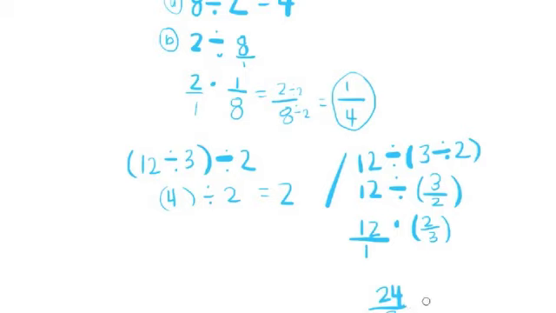Is this going to reduce? 24 divided by 3 reduces to 8, right? So 2 and 8 are totally different numbers. The order of operations matters. Again, as we start to get into more complicated stuff, my friends, it's going to get more difficult to keep up and understand.